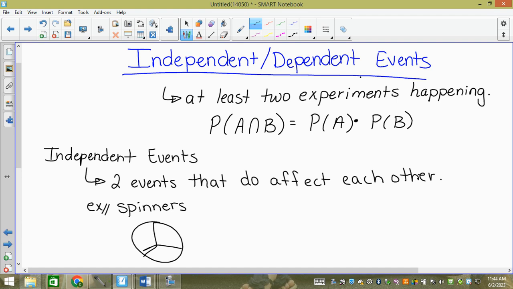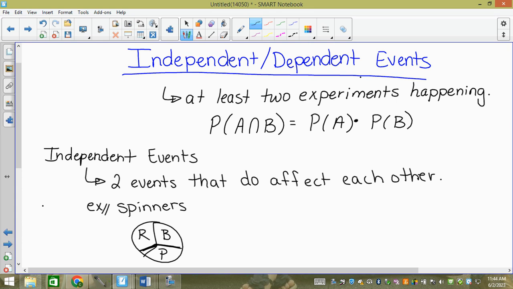Let's pretend that's equal. So I have a 3 spinner. This is red, blue, pink. So if I spin the spinner twice, what's the probability it's pink and then pink? Do I take the spinner piece off and get rid of a pink piece when the first one's pink? No, you spin the spinner and then you have equal events again to spin again. So that's completely independent. It doesn't matter if I get pink the first time, I still have the same chance of getting pink the second time because I don't take a piece off.